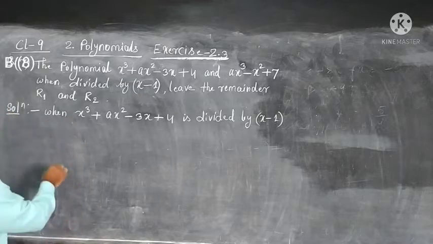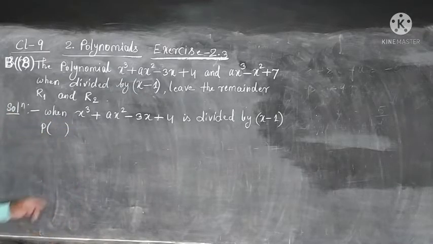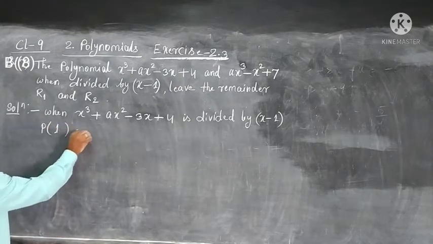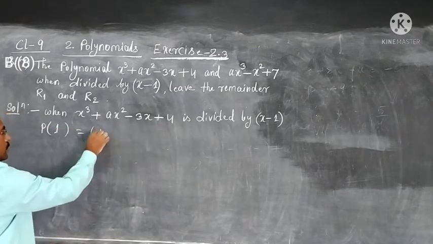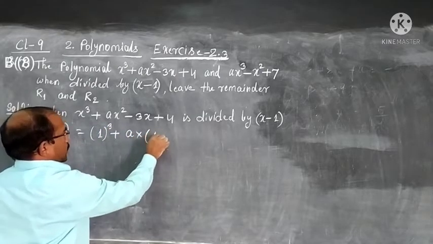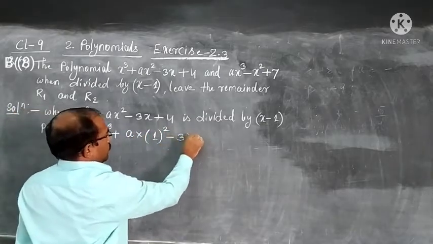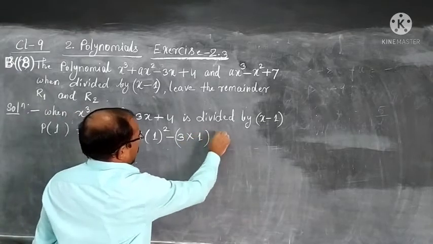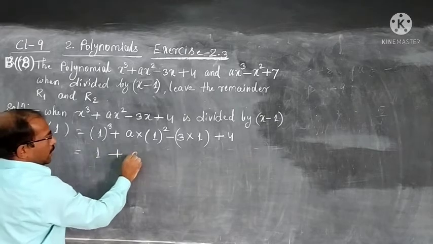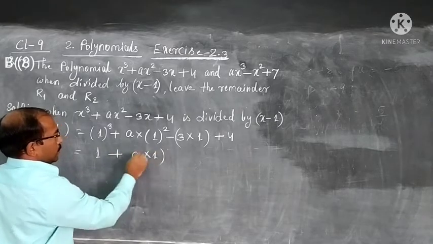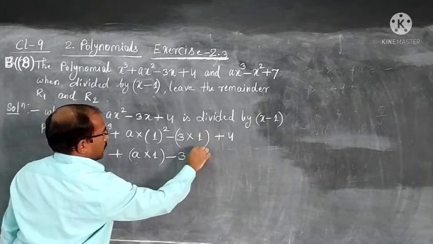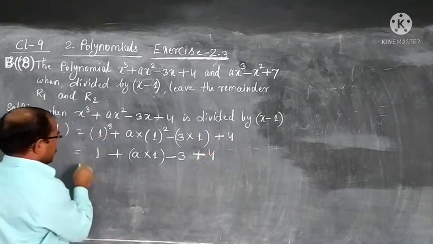So, we will use the zero of x minus 1, that is plus 1, and calculate the value using this zero in the polynomial. 1 cube is 1, A into 1 square is A, minus 3 into 1 plus 4.